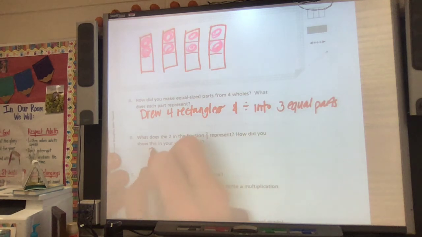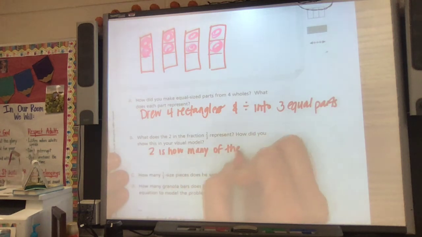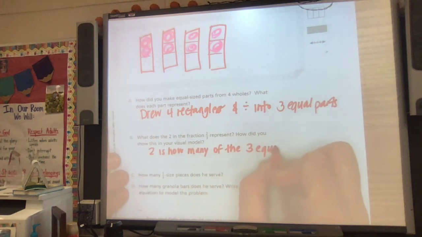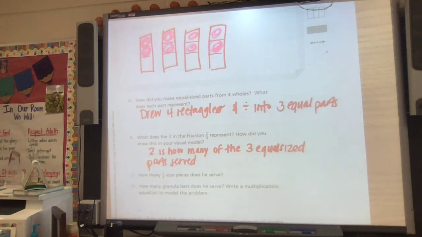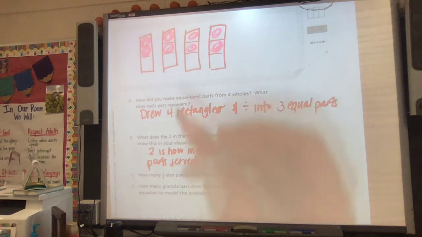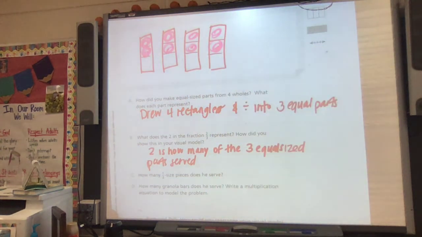The 2 is how many of the 3 equal-sized parts are served. How many thirds? 2/3. And how did we show this in our model? We shaded 2 of the 3 parts.